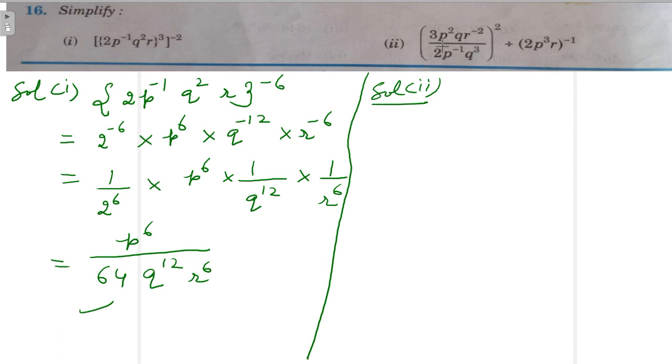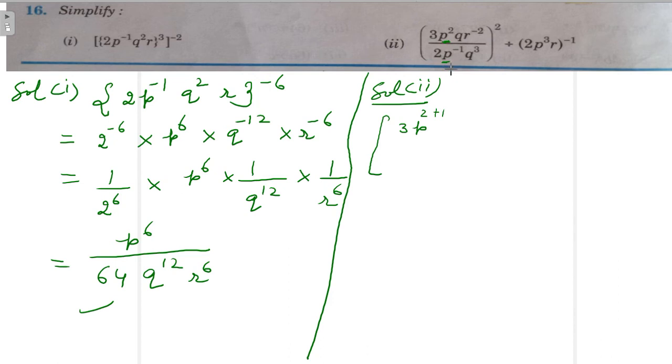So see, if we want to make it simple, here is p, here is also p, that means the base is the same, that means we will reciprocate this to make it positive, right? So what would it become? It would become like this, 3p raised to power 2 plus 1.